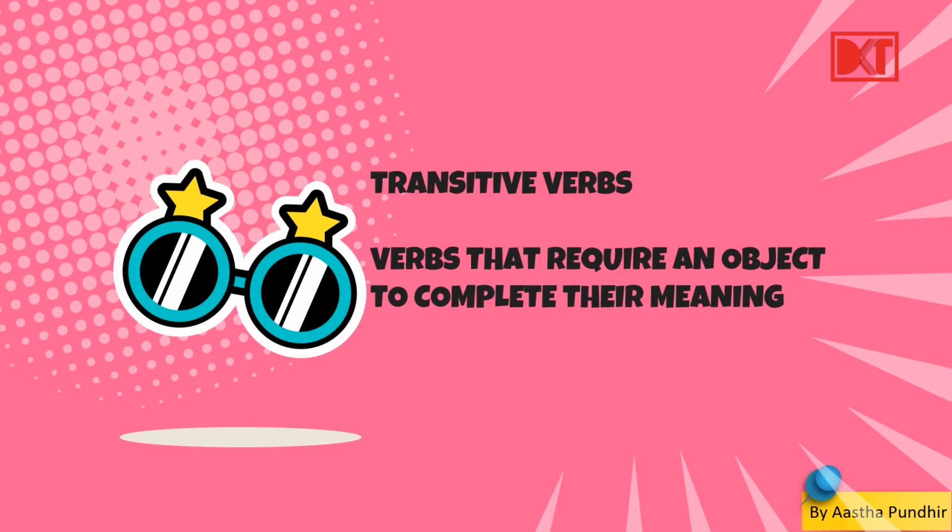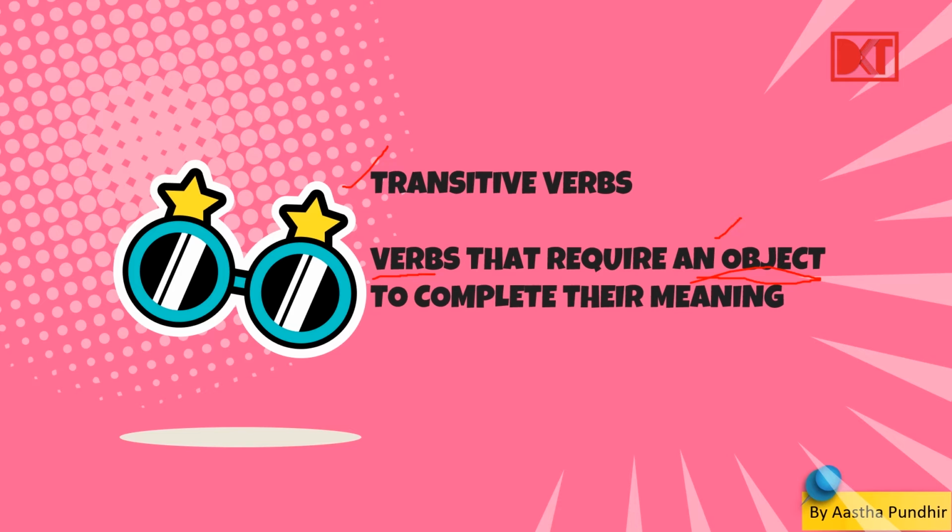Now, what are transitive verbs? These are the verbs that require an object to complete the meaning. Now, we know we have a subject, we have a verb, and we have an object. These are the verbs that compulsorily require an object to complete their meaning, which means these transitive verbs cannot be completed without an object.